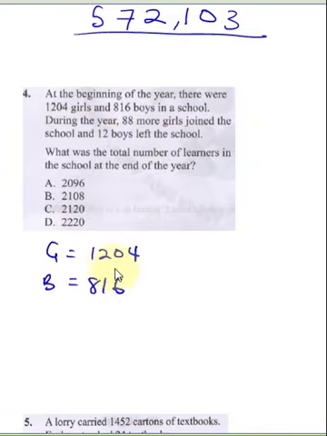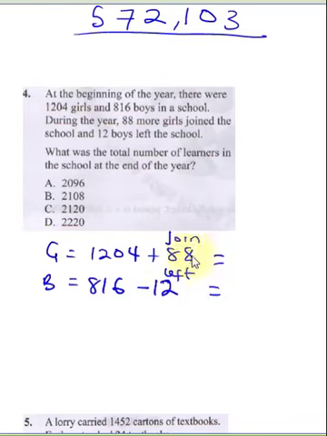Now, notice during the year, 88 girls joined. So we're going to add 88 to this. Then 12 boys left. We're going to subtract 12 because they left. Okay, so having established this, then whatever we get, we'll sum them up. So let's do that.